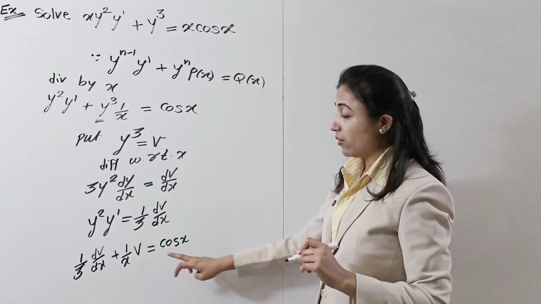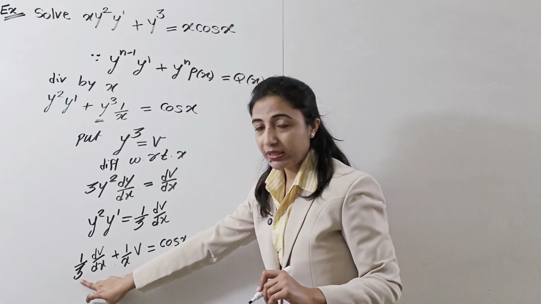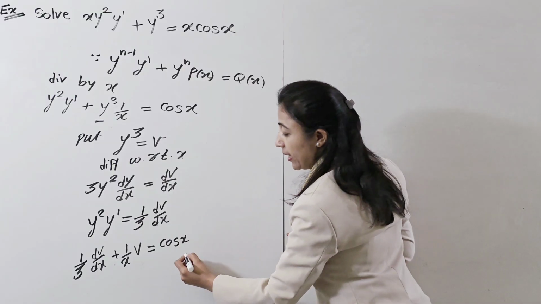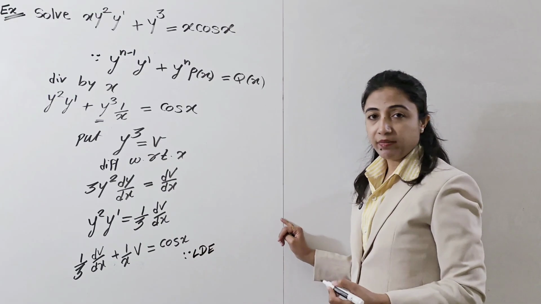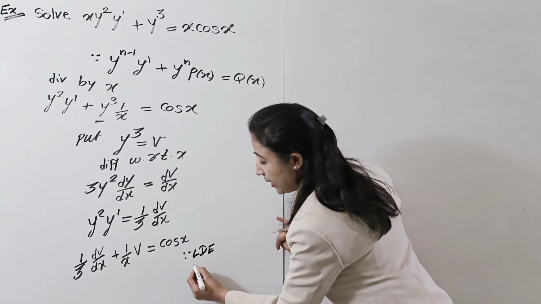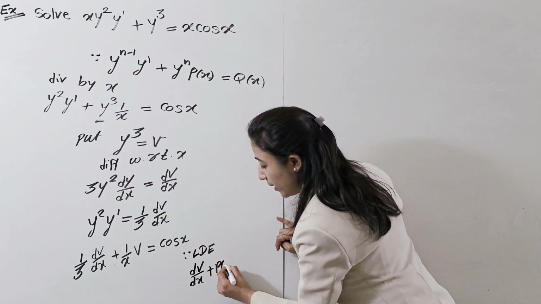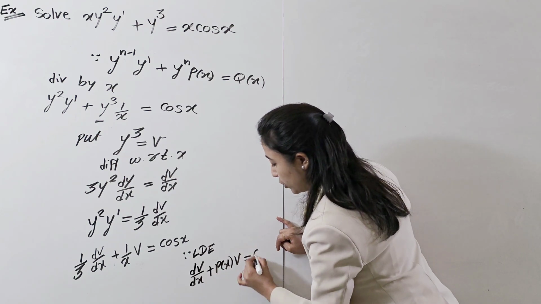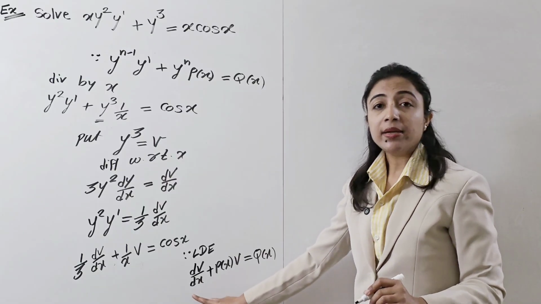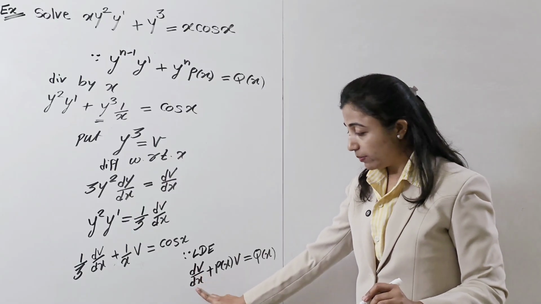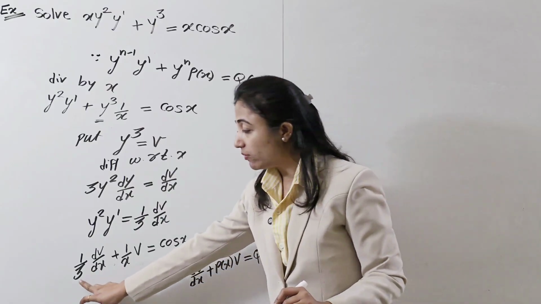Now this is our linear differential equation form, but again we have to multiply by this 3, because the standard form of linear differential equation, if I write it in terms of v, is dv by dx plus function of x into v equals q of x. Now see here, the first term is simply the derivative term, dv by dx, there is no function of x or any constant, and here it is 1 upon 3.